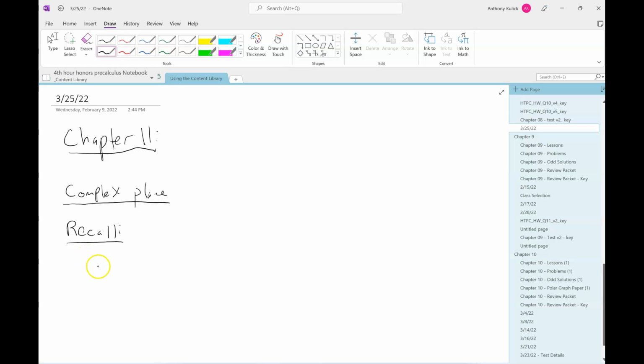The imaginary number, what do we call it? I. And what's I equal? Square root of negative 1, which is the same thing as saying I squared would equal negative 1.